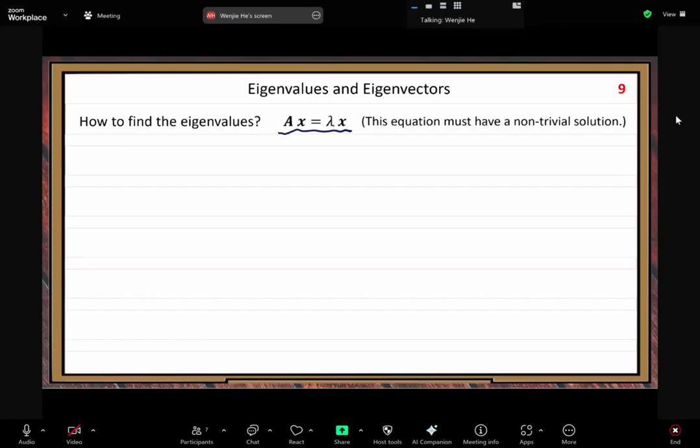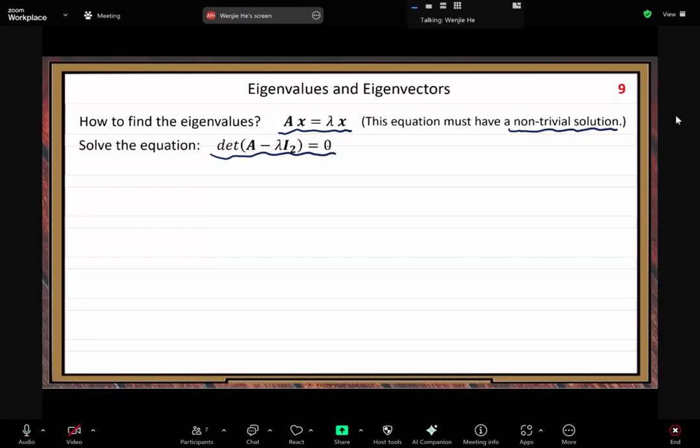Determinant. This equation must have a non-trivial solution. So remember, I gave you one important basic theorem in linear algebra last time. Under what condition does a linear equation have a non-trivial solution? That is when the determinant of this matrix equals 0, then it has a non-trivial solution.